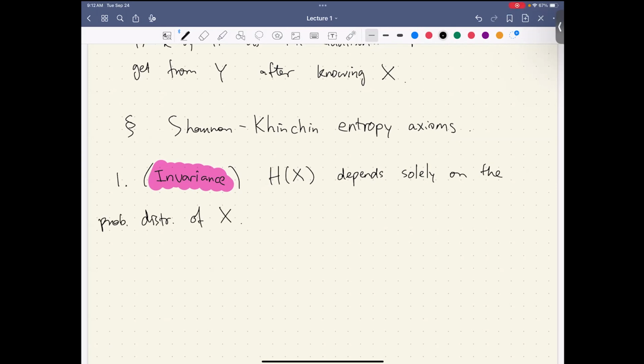So what does this mean? That is, if you have 2 random variables that have the same distribution, then they have the same entropy.